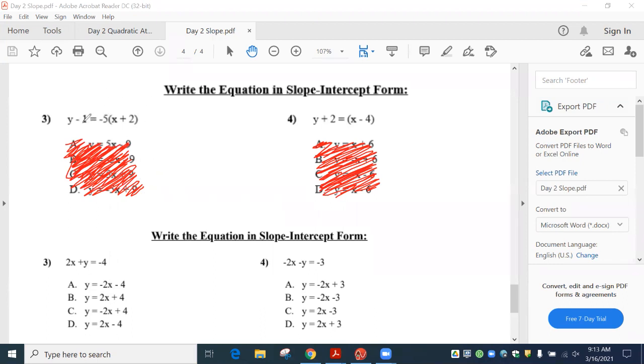So let me back up for a second. How come we have to work this out by hand right here? Because X was on the same side as Y. If X is on the same side as Y, we've got to work it out. But here, X is on the other side, isn't it? There's only one thing we need to get rid of, and that's this -1 right here.